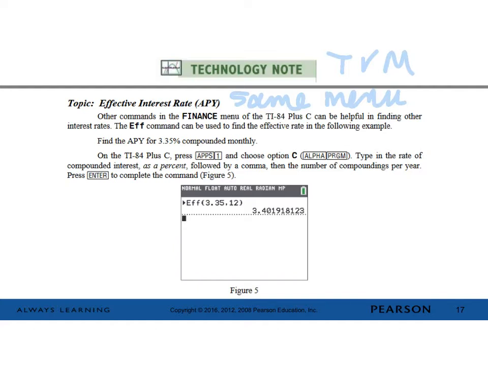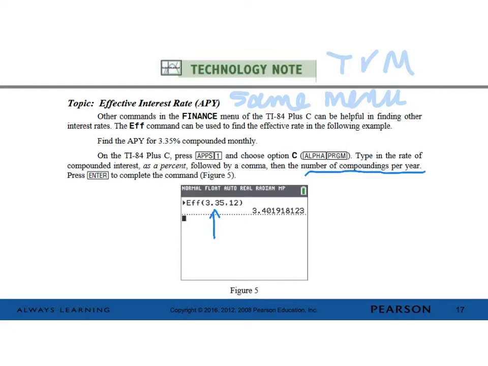And if you notice here, it says that you need to enter two pieces of information. The first one is going to be the stated interest rate, the compound interest rate, but it has to be entered as a percentage in this case, or as a decimal percent. And then after the comma, you're going to choose the number of compoundings per year.